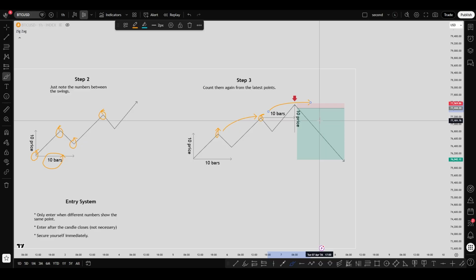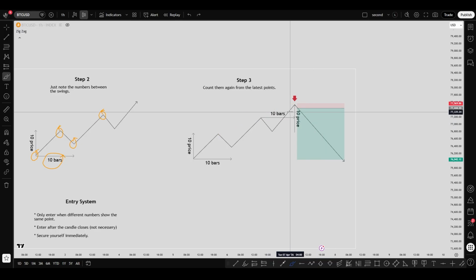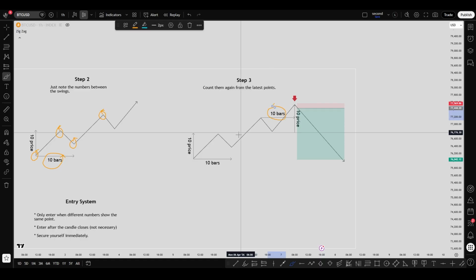What we're trying to do is, when we have a distance that we identified from the history, if the price matches up the 2 numbers at the same exact time, you can assume that there can be a reversal from there. So if you have 10 bars and 10 in price, as you can see, 1 and 2, there were 2 confirmations that there was going to be a high there.